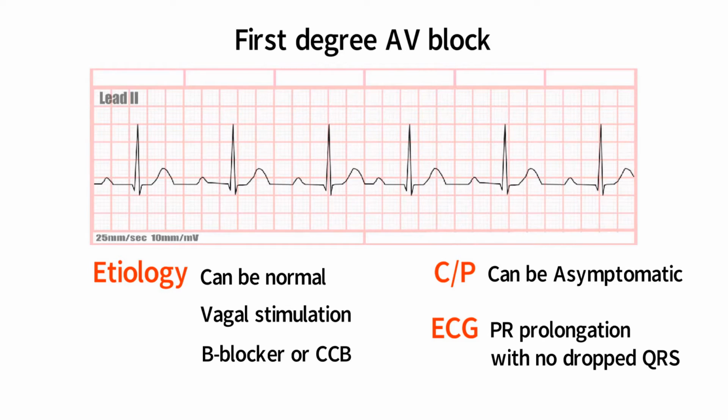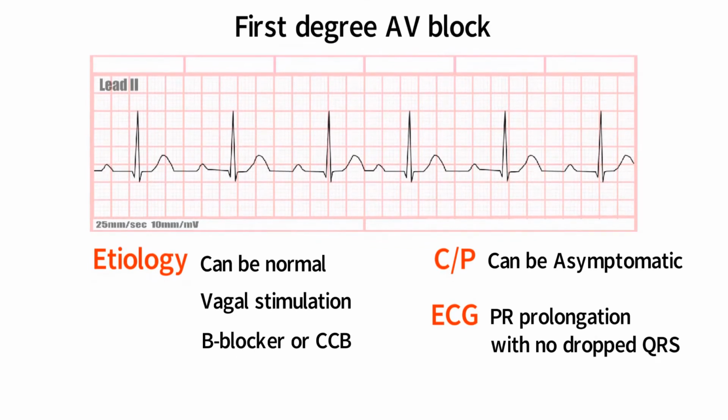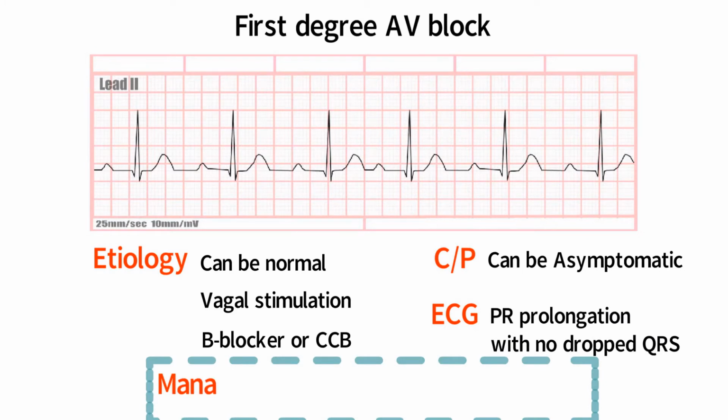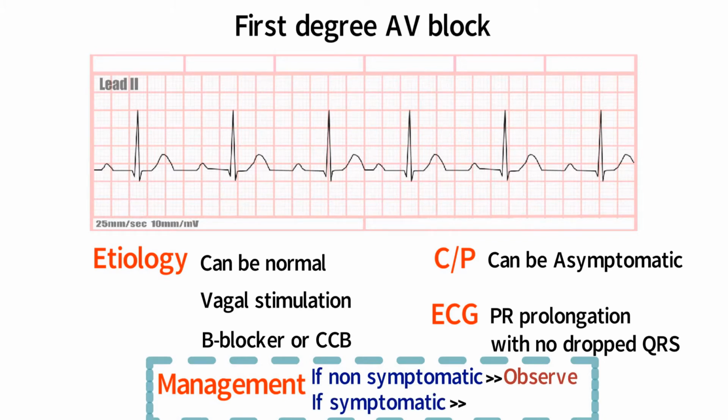And if you remember that the sinus bradycardia, there was only bradycardia, there was no PR prolongation. So how to manage this patient with first degree AV block? If the patient is non-symptomatic, you just observe, and if the patient is symptomatic, you can give him atropine.